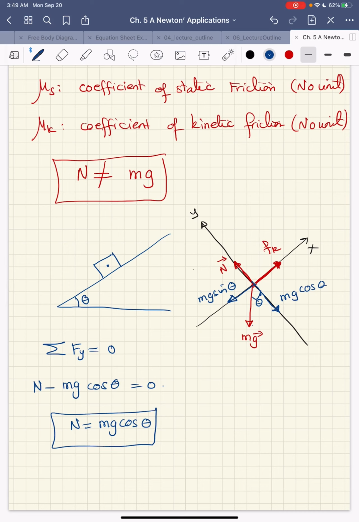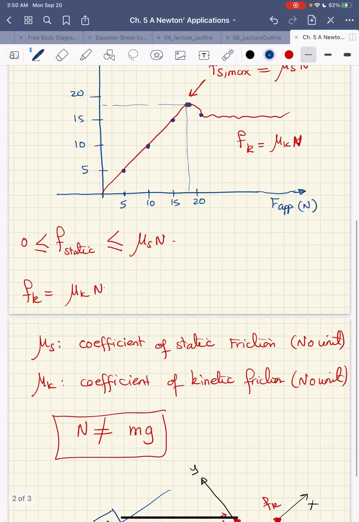This is one of the cases where, if I wish to calculate what Fk is going to be, mu k times the normal, and Fk will be mu k times mg cosine theta. Then this is one of the cases where we don't have normal equals mg.